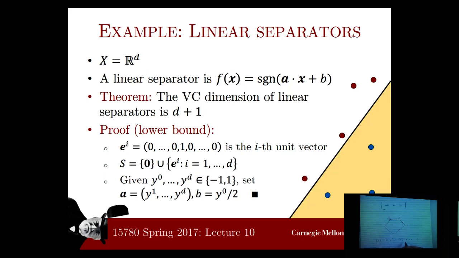So the only thing that's remaining is this yi. So from this dot product, we get yi. b is just y0 divided by 2. So yi is either 1 or minus 1, and y0 divided by 2 is minus 1/2 or plus 1/2. But the sign doesn't change because it's smaller in absolute value. So again the sign will be the same as yi, which is what we want.